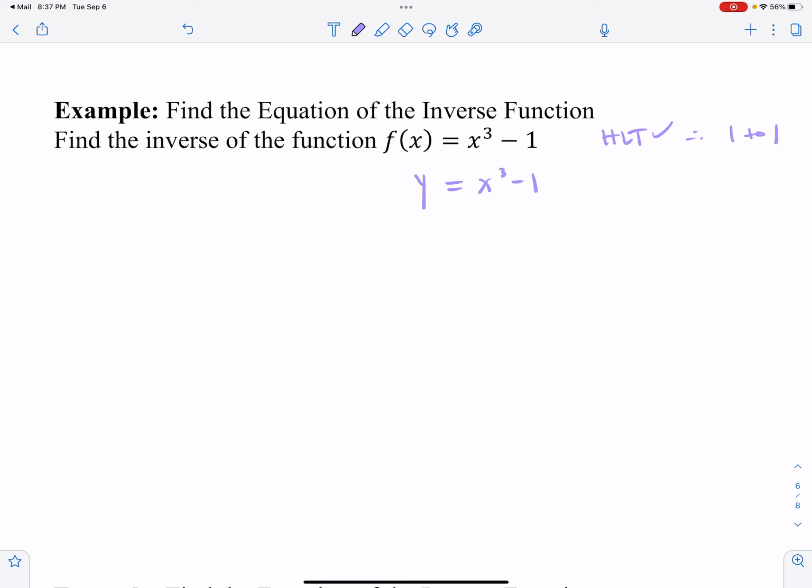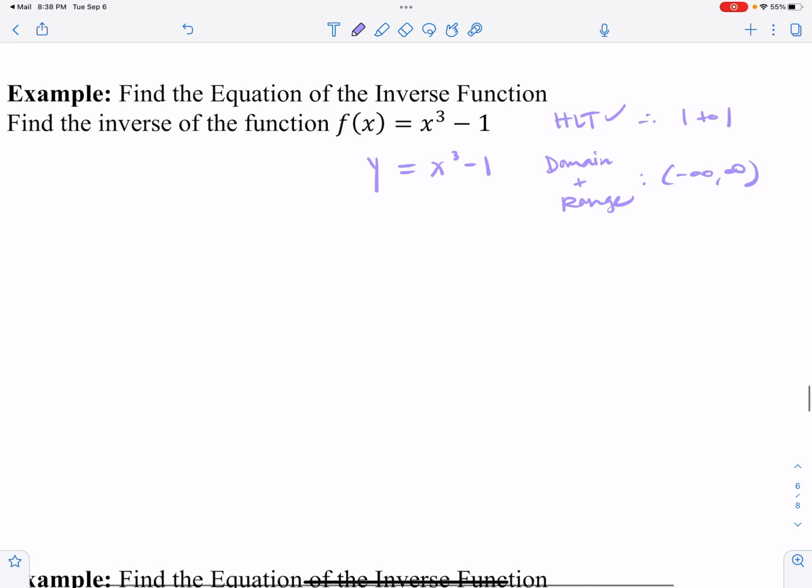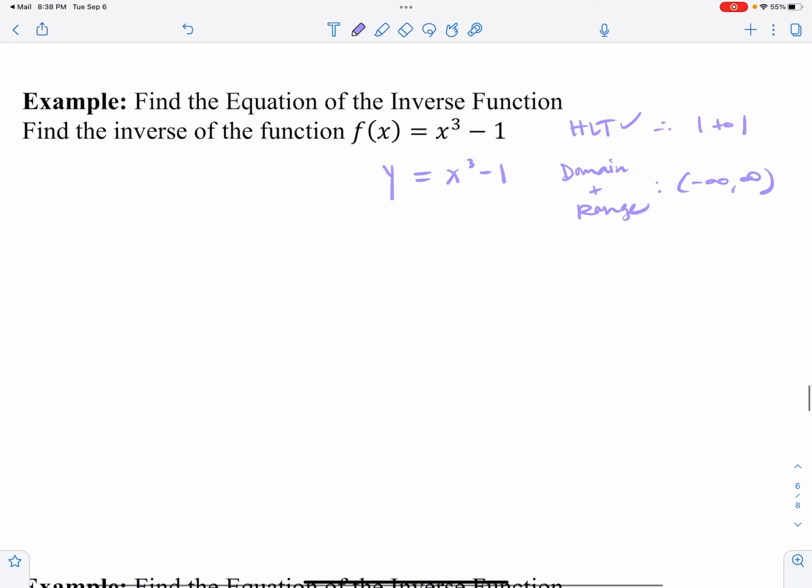And just thinking about domain and range, both are going to be all real numbers for f. Therefore, the domain and range of its inverse will also be all real numbers.